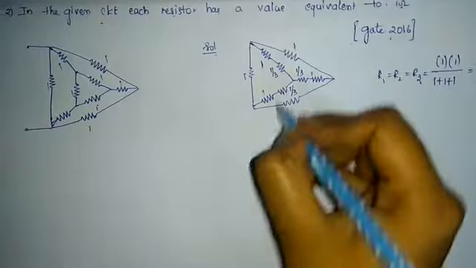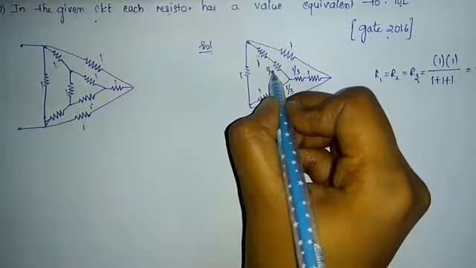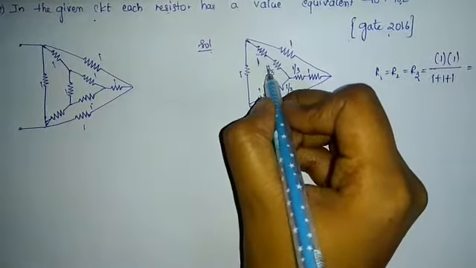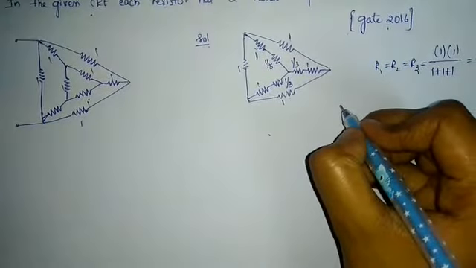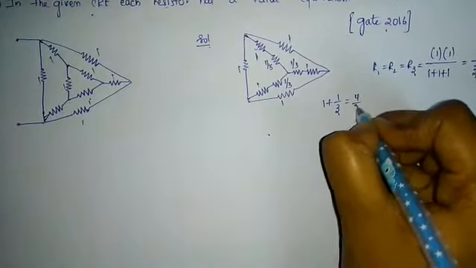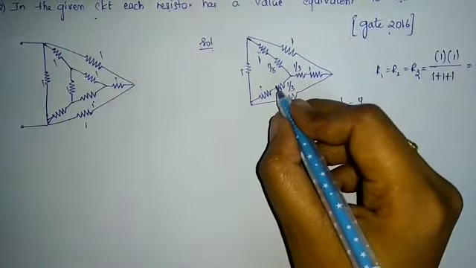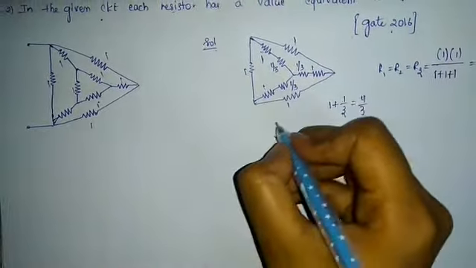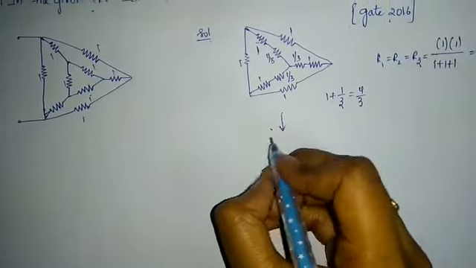And in the next step, as these two resistors are in series, we have to add those resistances. That means 1 plus 1 by 3 equals 4 by 3. So the next network will be in the form of like this.